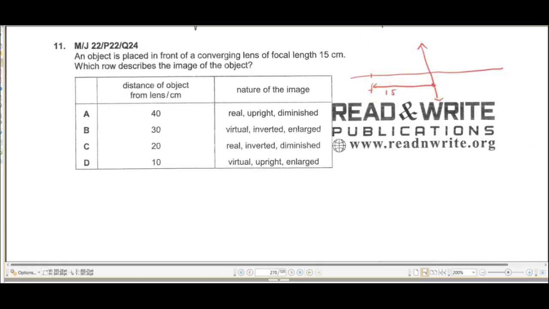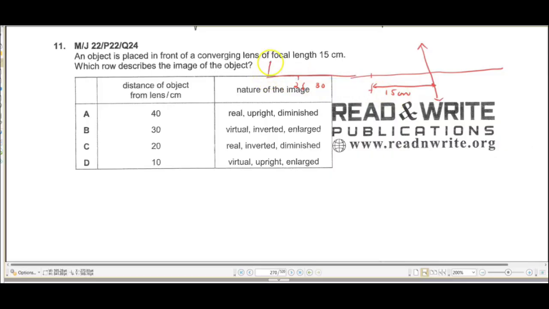Okay. Now the distance of the object from the lens is 40 centimeters. This means that we have to enlarge this. This is 15. 2f, double the focal length, is going to be at 30. Obviously, 15 plus 15 is 30. And then after that, it has been placed.